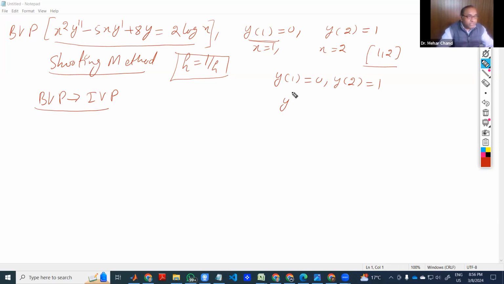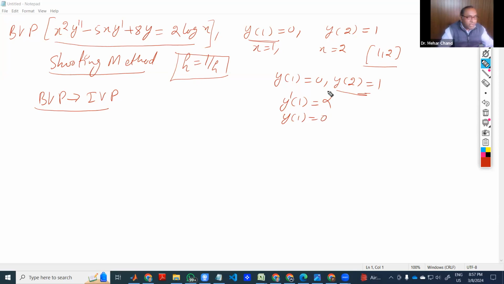So we need y'(1) equal to alpha. Suppose that alpha is the slope at x equal to 1. So this is the slope. And the corresponding values on the right-hand side are y(2) equal to 1 and y(1) equal to 0.